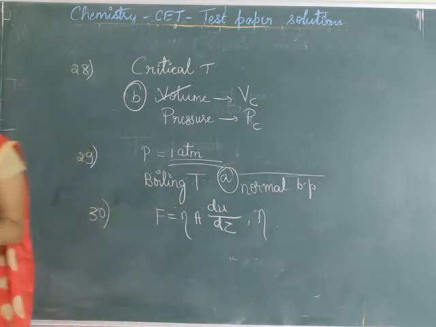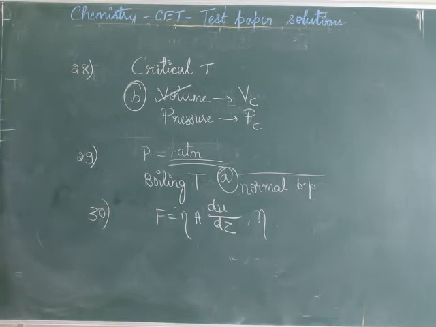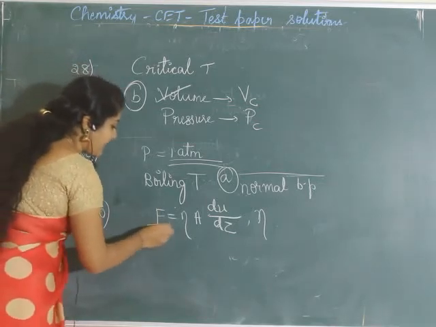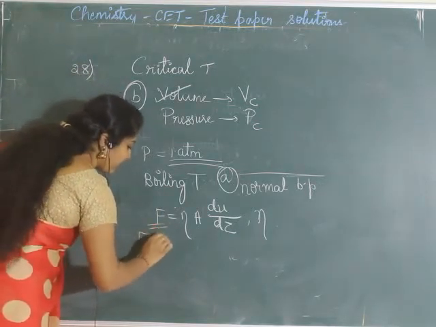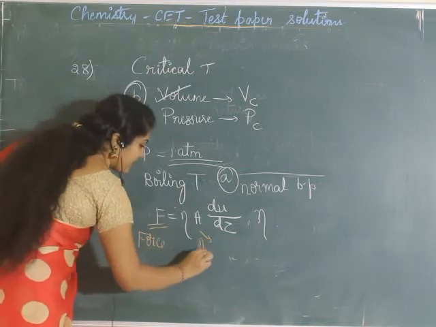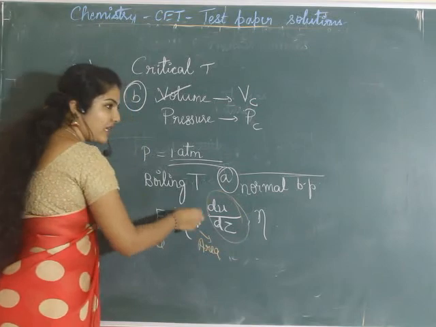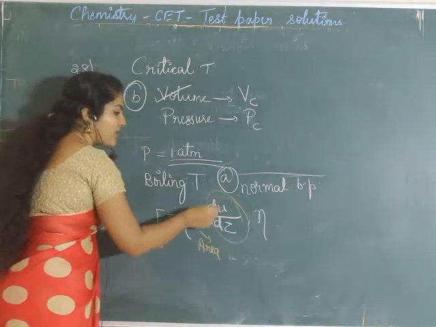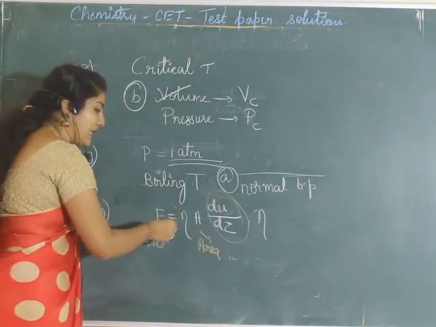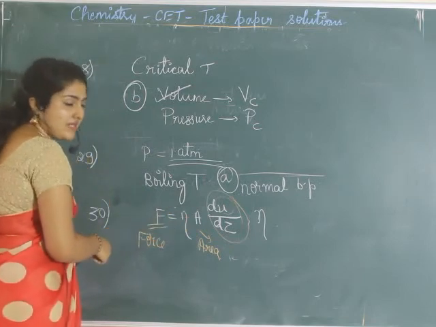When I explained the terms, I told you that F represents force, A represents area, du by dz means velocity gradient, and eta means coefficient of viscosity.